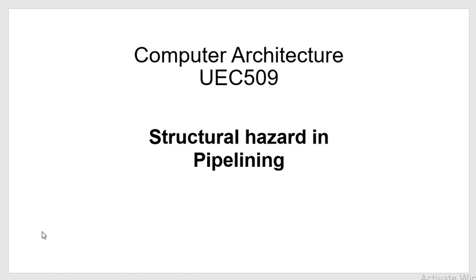We also discussed how to evaluate the performance of a pipeline structure with and without hazard, or with and without stall. So today we will discuss the details of structural hazard in pipelining.